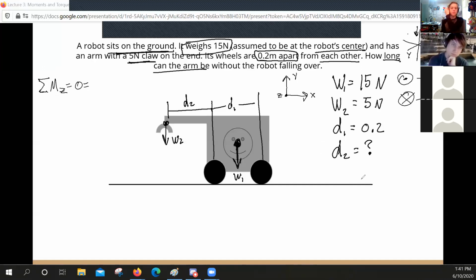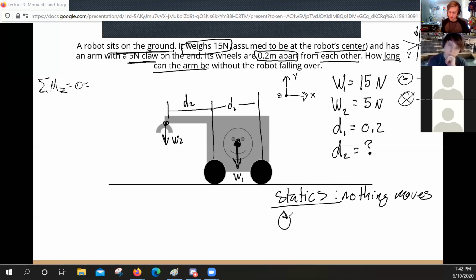To be clear, when we're doing statics, all it means is nothing moves, okay? That means nothing twists, which is what the moments are. Wow, that was a really bad arrow. So nothing twists, that's our moments.